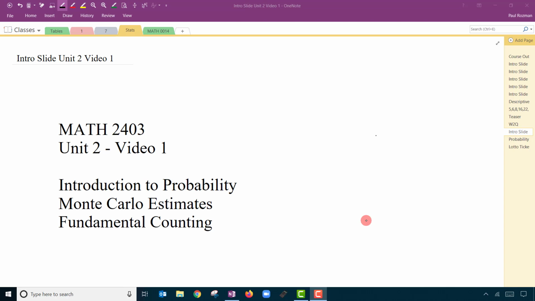So probability, we need to get a basic understanding of it so that we can do some of these more specific applications that are more applicable. But at the beginning, we start out with things like picking cards and drawing dice, hopefully things that we're familiar with. So let's get to it.